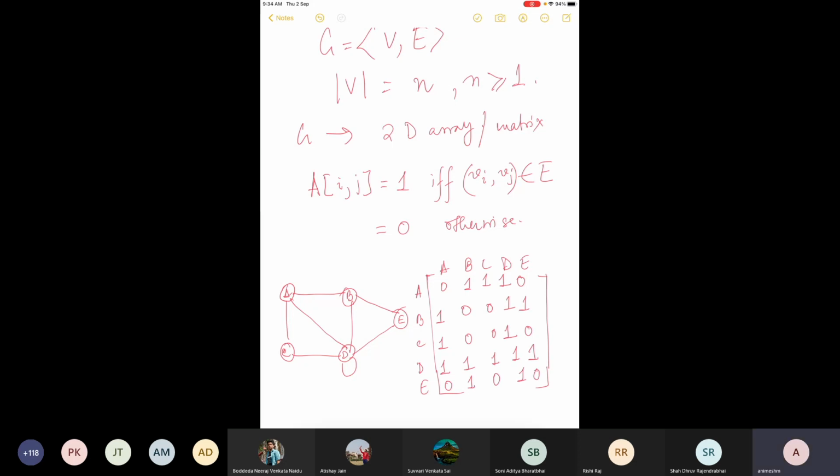Anywhere there is an edge between two nodes, the entry is 1, else the entry is 0.